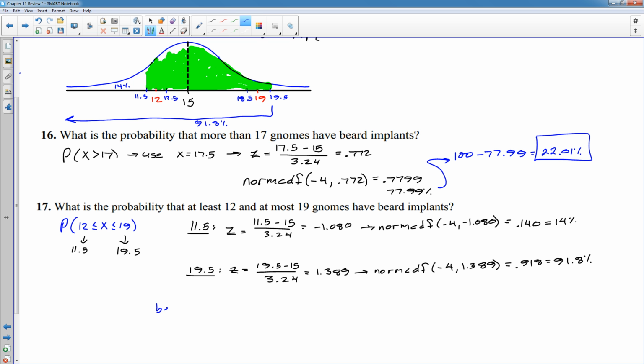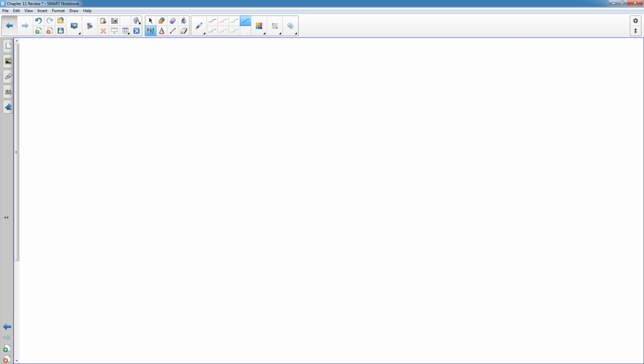So between 11.5 and 19.5 is going to be 91.8 minus 14, and 91.8 minus 14 is 77.8. So we have a 77.8% chance that at least 12 and at most 19 of those gnomes have beard implants. So there you go. That's all of it, I'm pretty sure. Yep. Good luck.